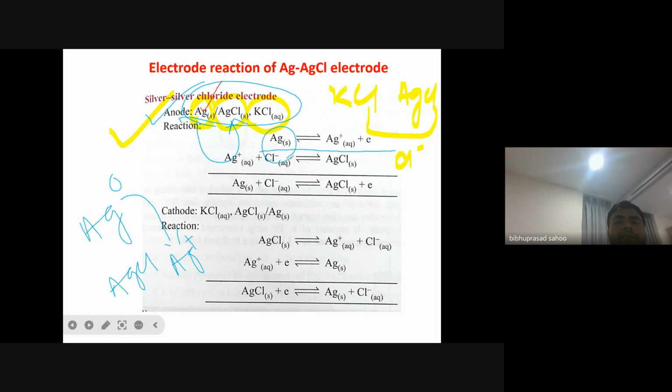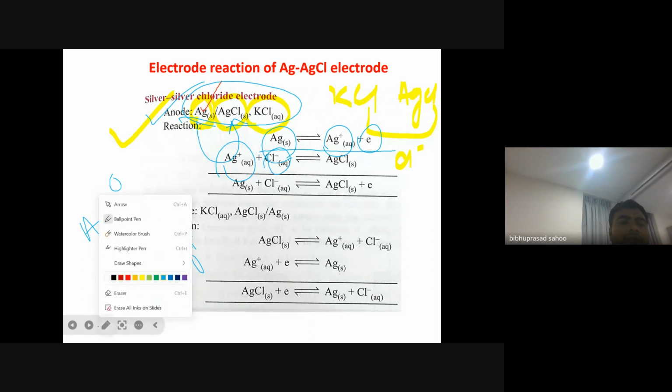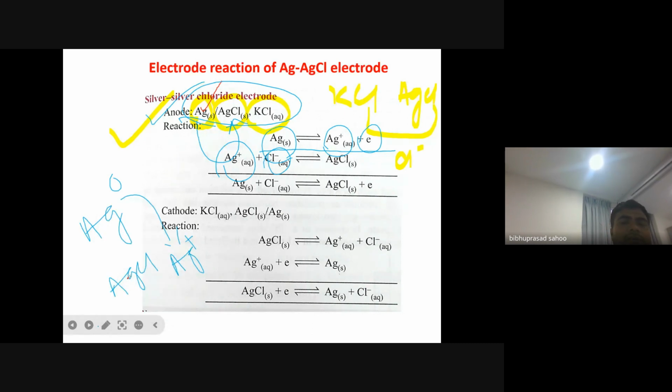Ag gives Ag plus electron, and Ag plus Cl minus. Students, my question is, from where is the Cl minus coming? From this KCl. KCl is there to accelerate the reaction, because once Ag plus forms, it is very unstable, so it becomes stabilized by forming AgCl. So Cl minus will come.